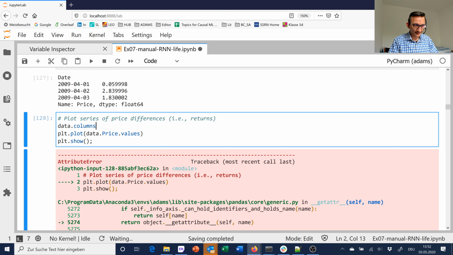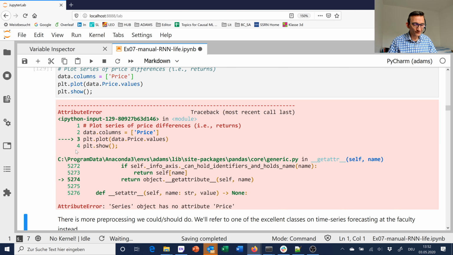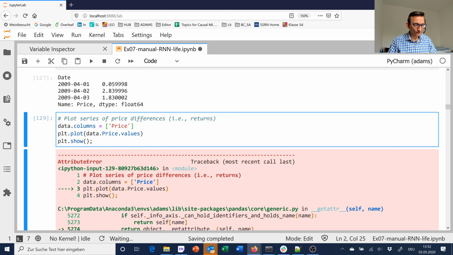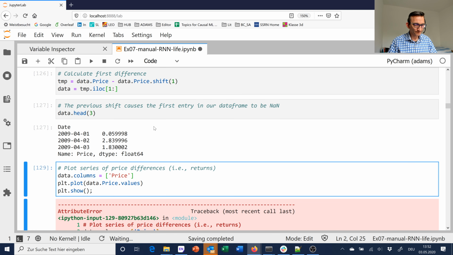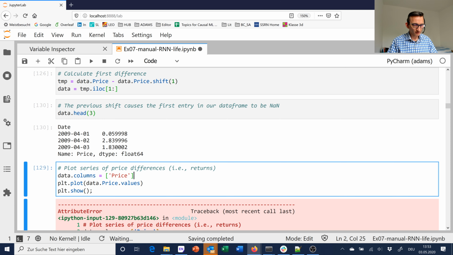And before we can do so, we need to note that I have overwritten variable price. That should do the trick.